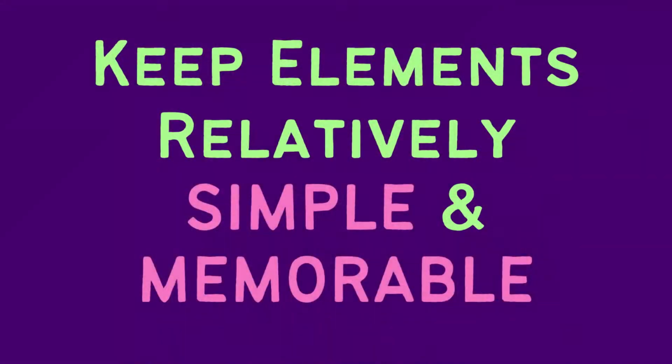The other element that you want to do is you have to keep the parts of your story, the elements of your story, relatively simple and memorable. If you're going to be bouncing back and forth between different storylines, you need to, first of all, have them be distinctive from each other. You have to be able to see or understand who you are tracking when you come to that storyline.